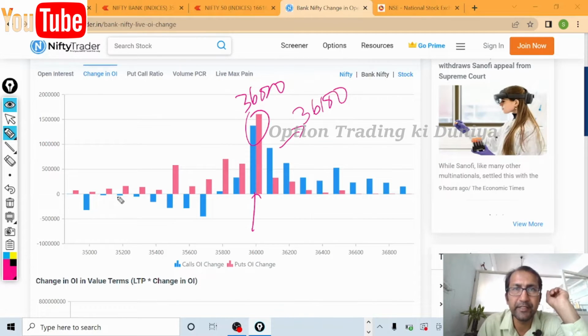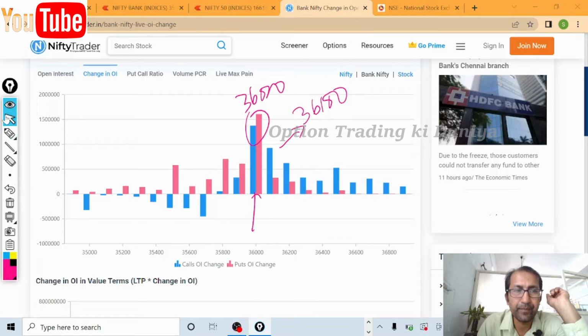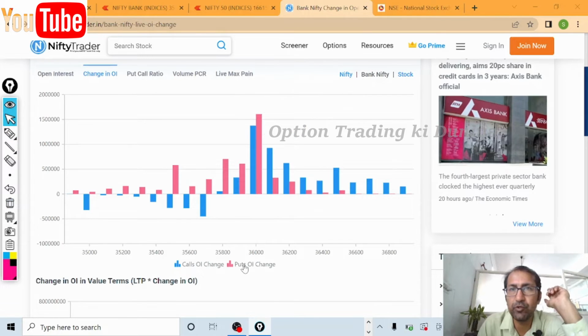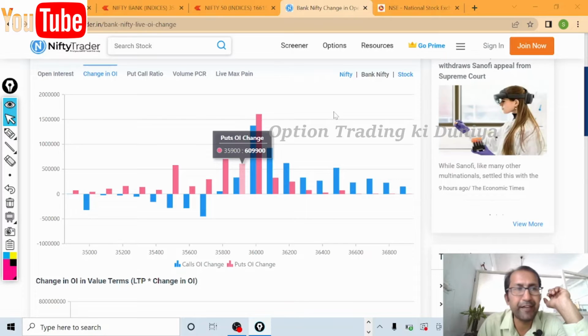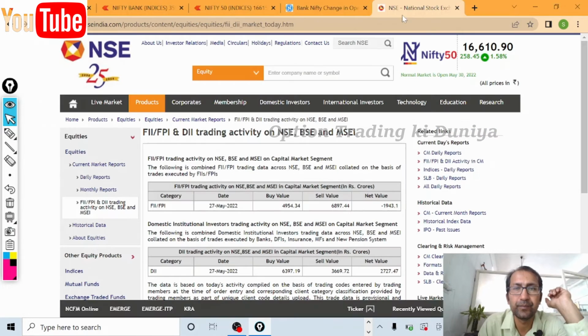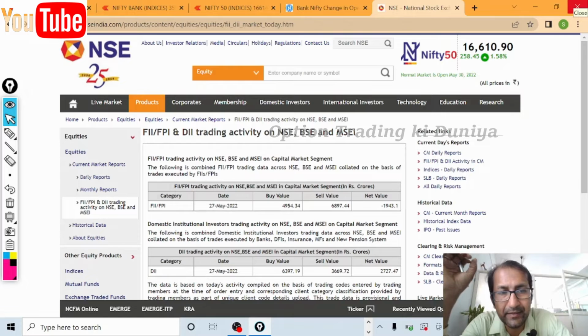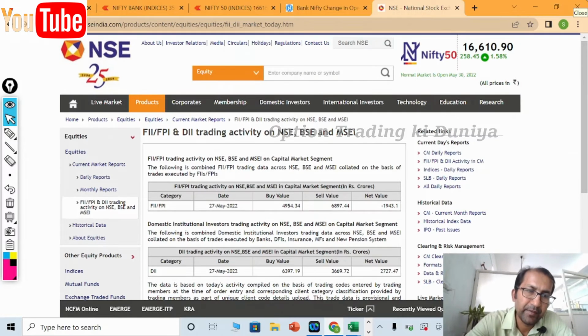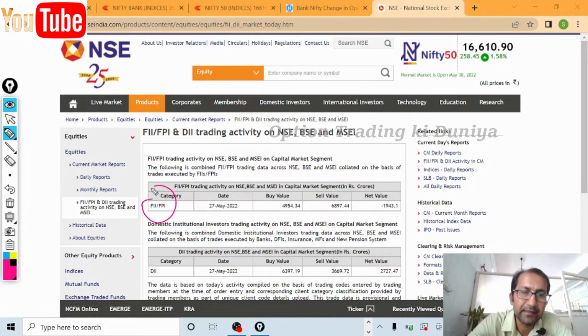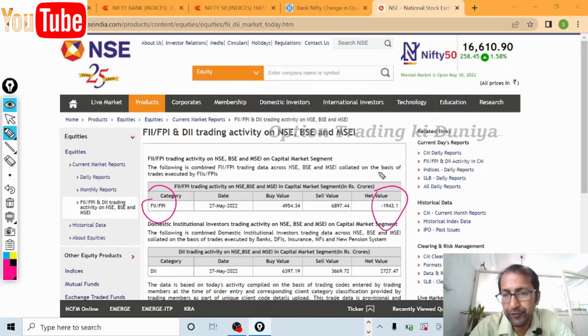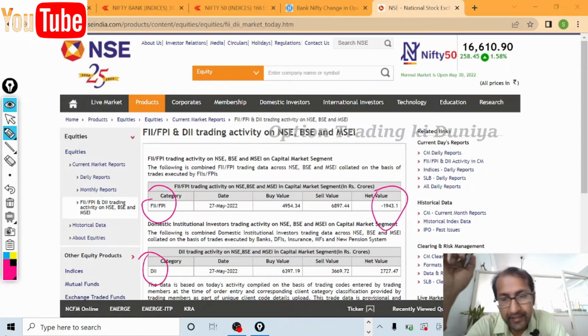Now let me come to the FII positions. As you can see, the FIIs are net sellers to the tune of 1,943 contracts, and on the other side, DIIs have bought 2,727 crores.